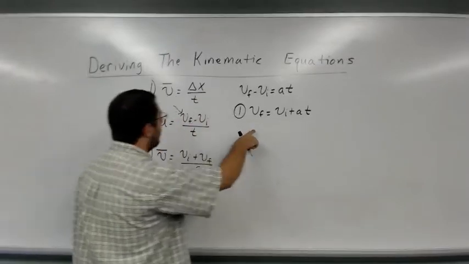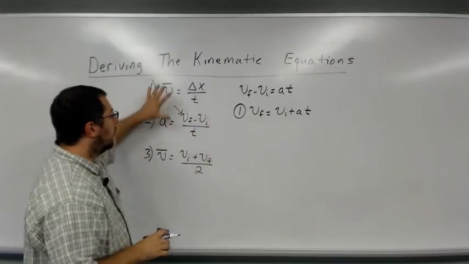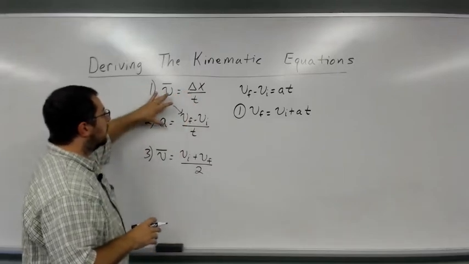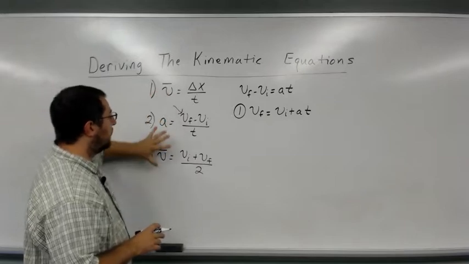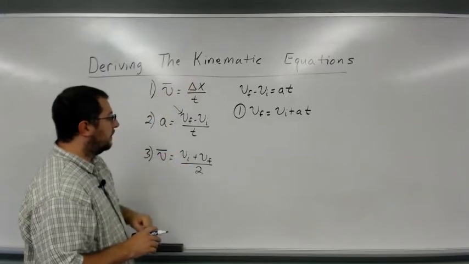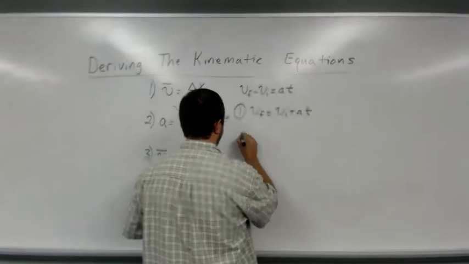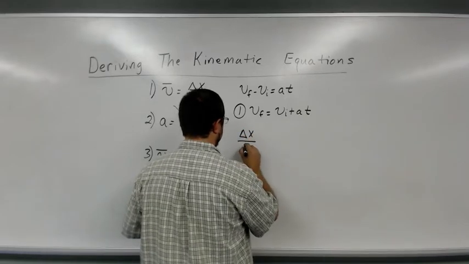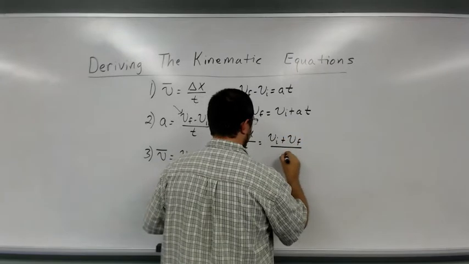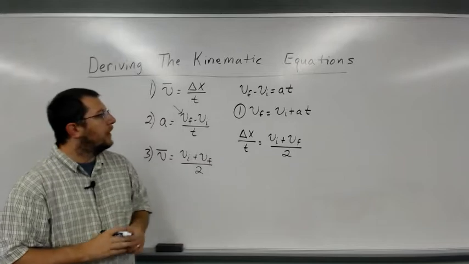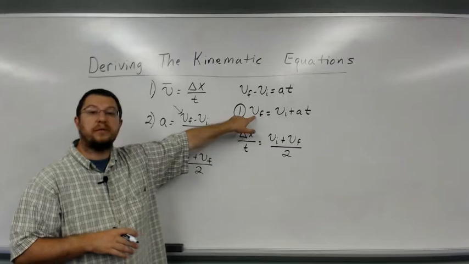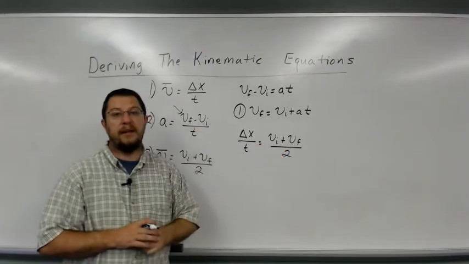The second kinematic equation, we're actually going to use these and eliminate some things. The first thing we're going to do is equate these two equations. So I'm going to say that delta x over t is equal to vi plus vf over 2. Now what we can do is use our previous result for vf and eliminate VF here.